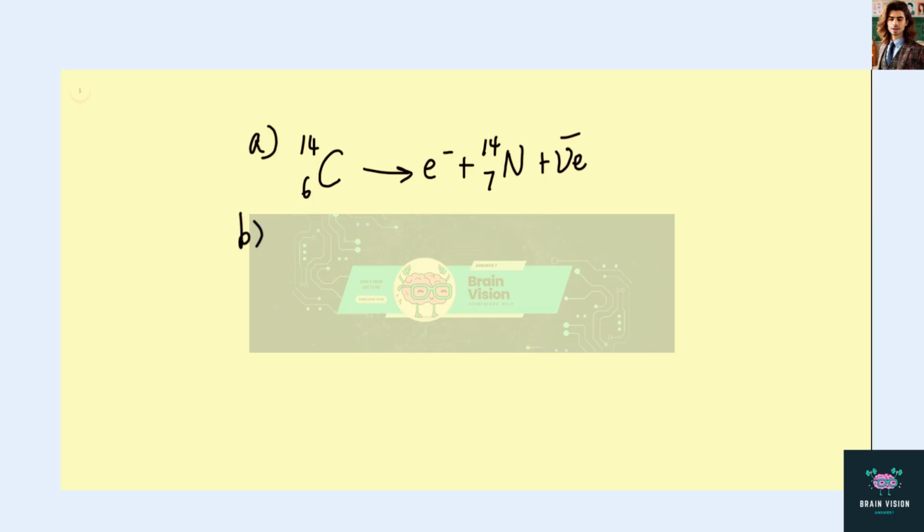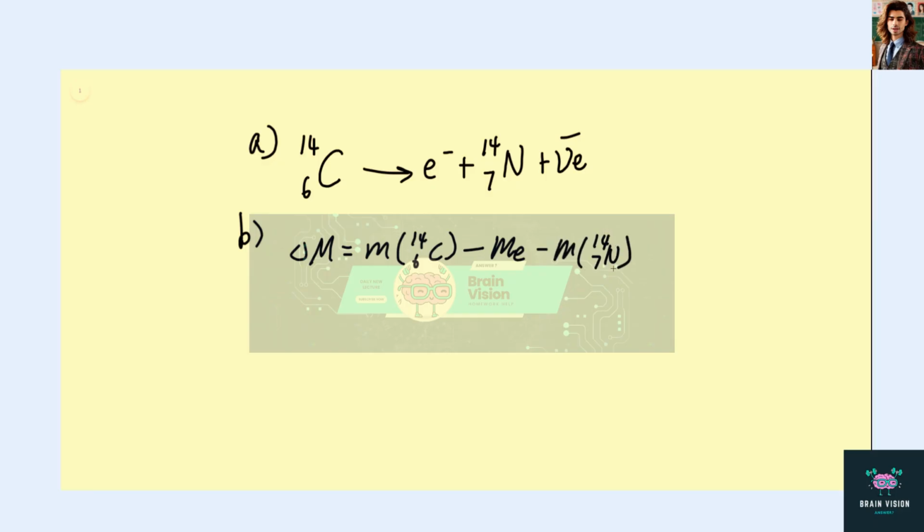Then part B wants us to find the amount of kinetic energy released, knowing the mass of the carbon-14. So we can find the amount of energy if we find the change of mass. Delta m equals the mass of carbon-14 minus the mass of electron minus the mass of the final product, which is nitrogen.